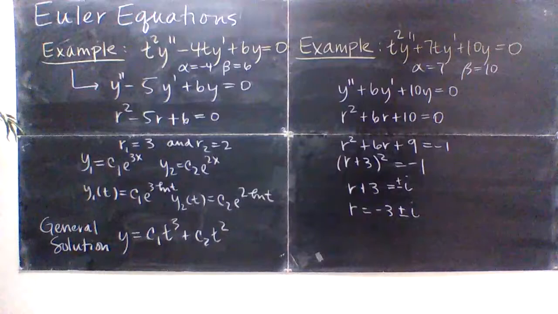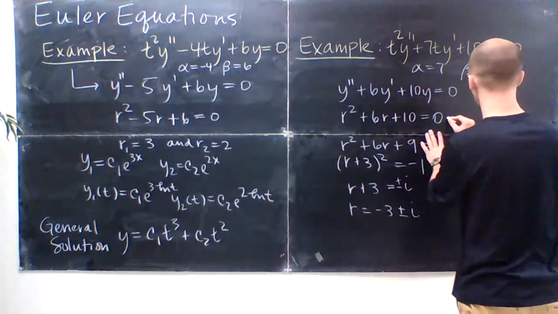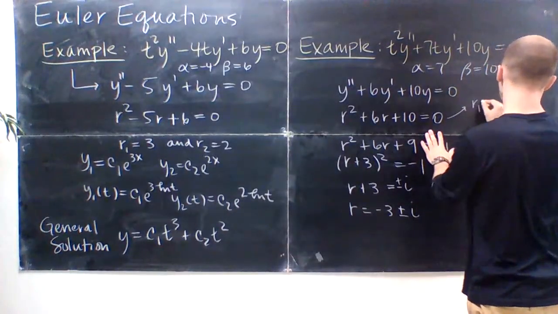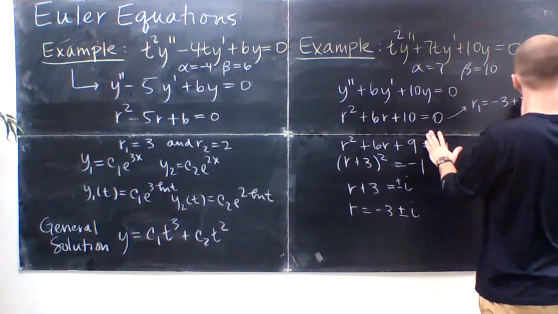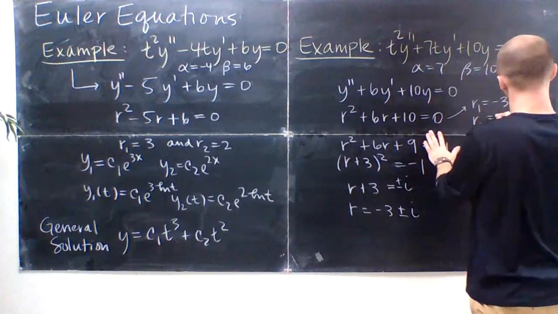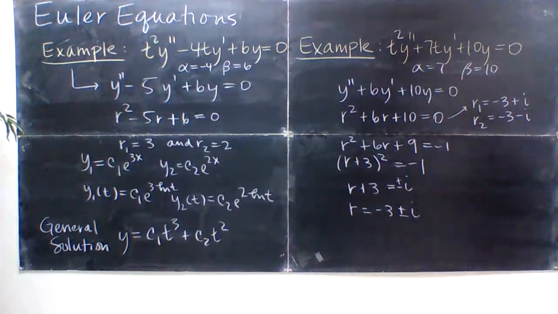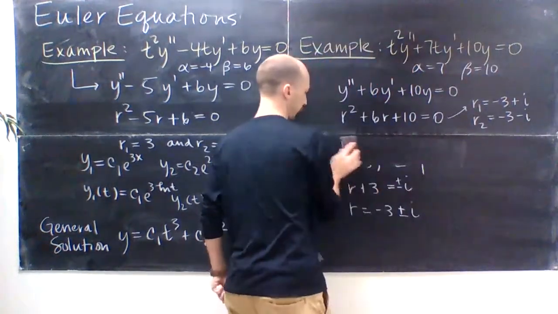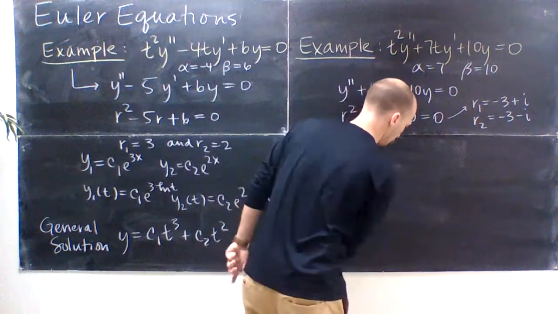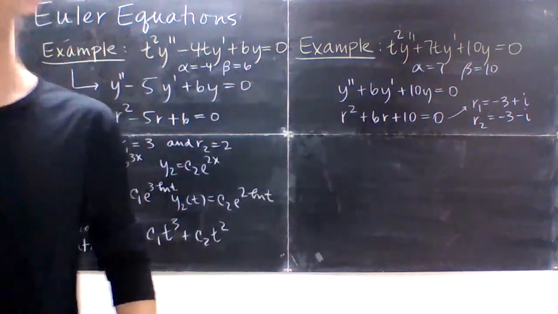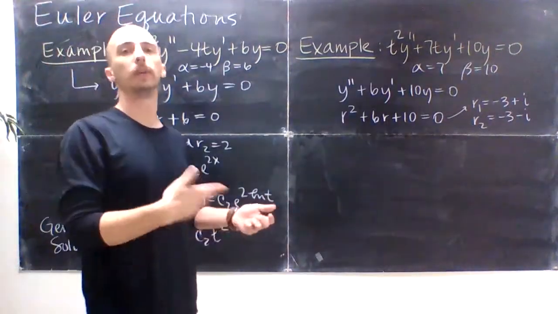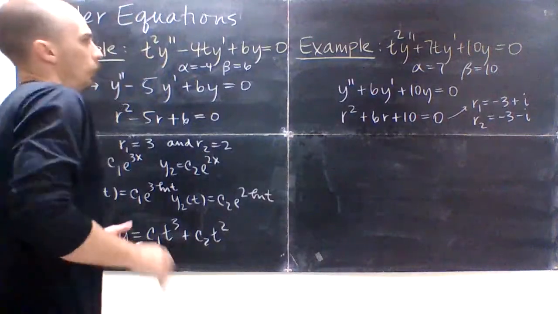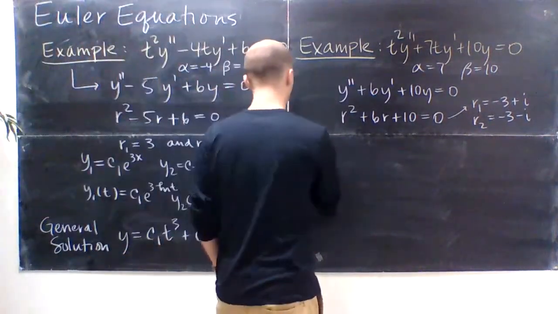So r1 is negative 3 plus 1i, and r2 is negative 3 minus i. What we knew to do in that case was, if we had a plus bi, the a went as the coefficient of t in the exponential, and the b went in the trig. So remember that this is y1 of x.